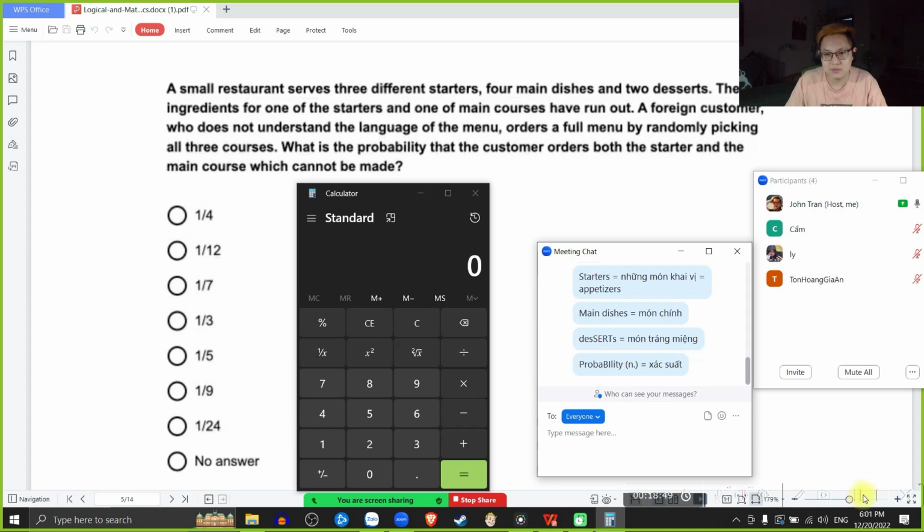Okay, try to do this one. How much do you have now, class? Okay, so now 3 different starters, but one cannot be made, right? So the probability of choosing the starter that cannot be made is 1/3, right?